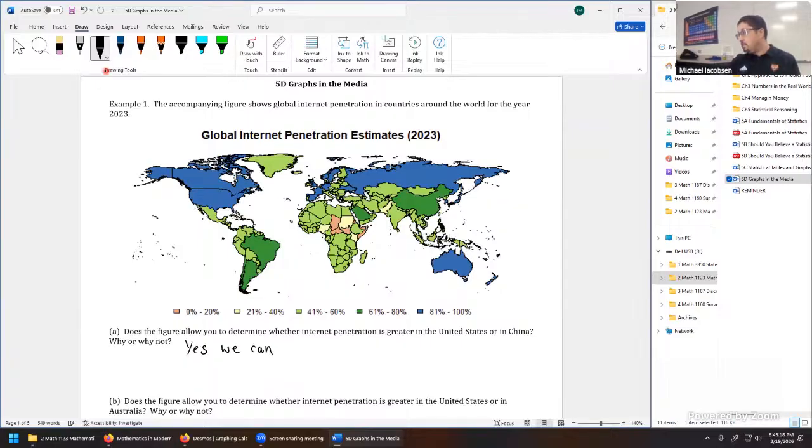We can determine internet penetration. That's a weird vocabulary way to say it.